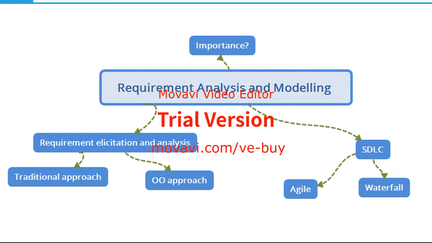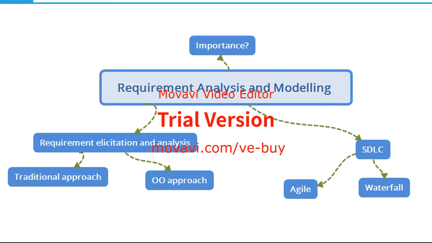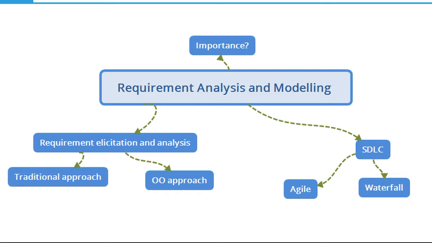But if the organization is following an agile SDLC approach, then the requirements for a minimum viable product can be acquired, and that piece of software can be developed on those bases, and further developed on iterative design, which agile usually follows.